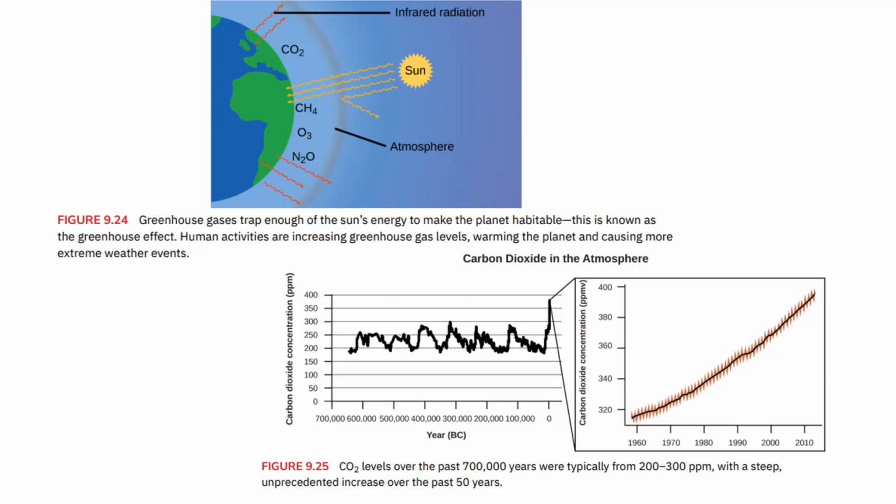So they can look at the composition of the gas in those air bubbles. And then based on the ratio of the different isotopes of oxygen to one another, they can determine what the temperature was like, and they can look to see what the carbon dioxide concentration was like as well. And one thing that climate change deniers like to point out is that there is a pattern of heating and cooling within the Earth's history.